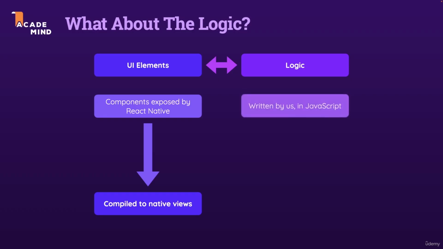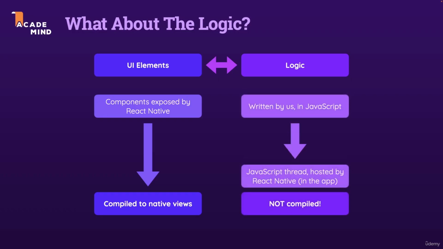But the logic which you write in JavaScript is actually not compiled, but instead it's running on a JavaScript thread that's hosted by React Native in the native app that was built. So React Native basically spins up a simple JavaScript process as part of your native app that's being built, and it manages this process for you, and it allows this process to talk to the underlying native platform.